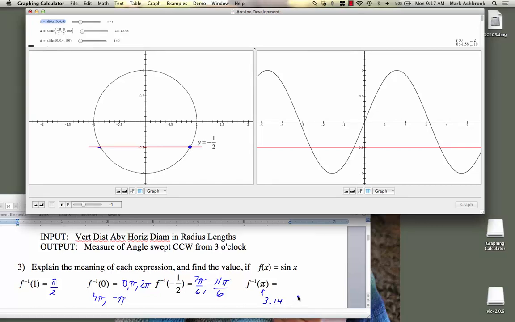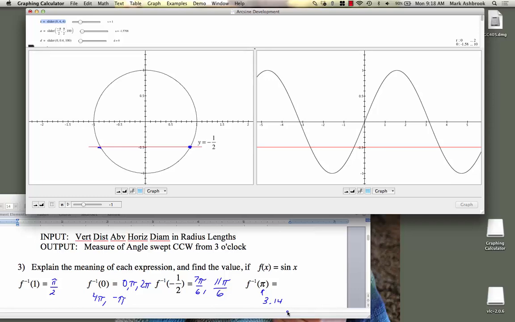And what does that whole thing mean? Right. The output is the measure of the angle, counterclockwise, that will put us 3.14 radius lengths above the horizontal diameter. So what angle is that?